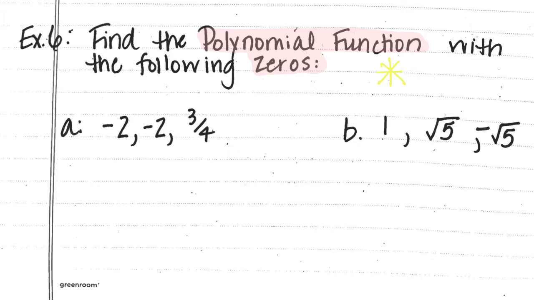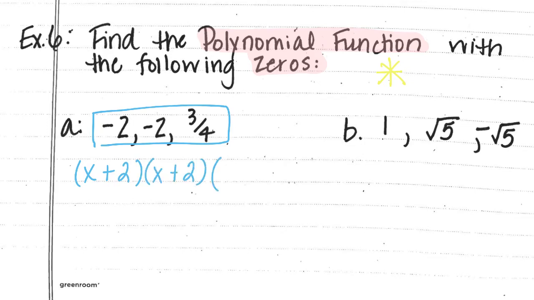The first way is I know that if I had to write these numbers as a set of factors, it would be x plus 2, x plus 2, and then remember to get this, let's think about it. If I had this and I was solving for x, I would bring the 1 over and I would divide by 2.